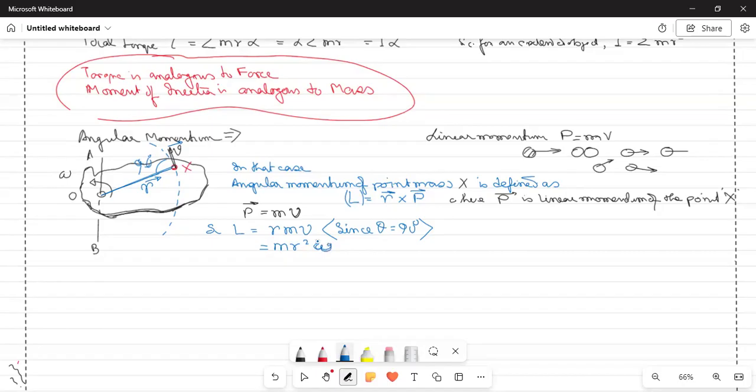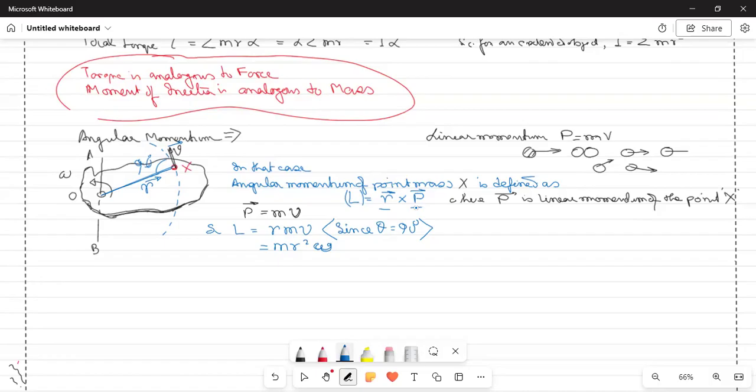So I repeat once again, by definition, angular momentum is the cross product of position vector and linear momentum of a point mass. And R cross P, as per vector algebra, is RP sine theta.